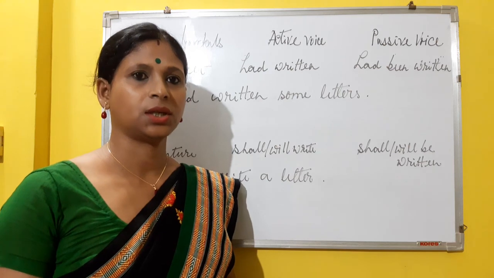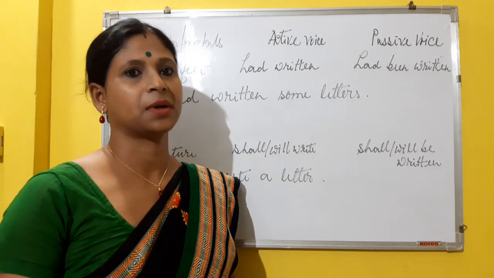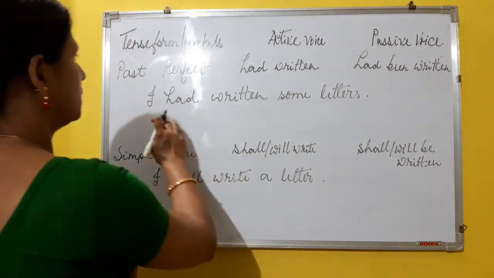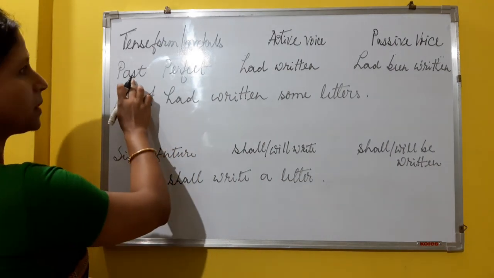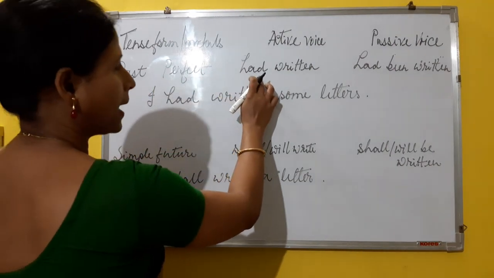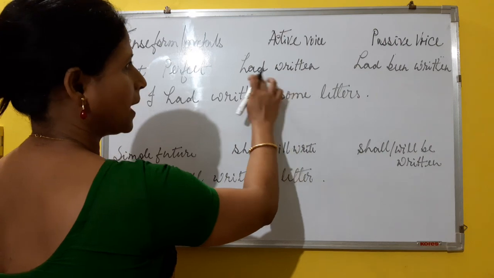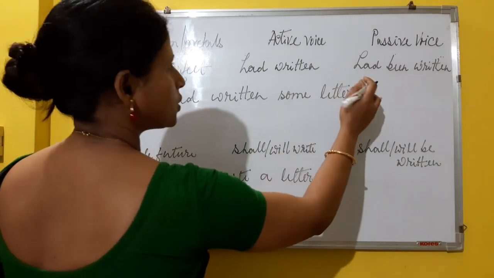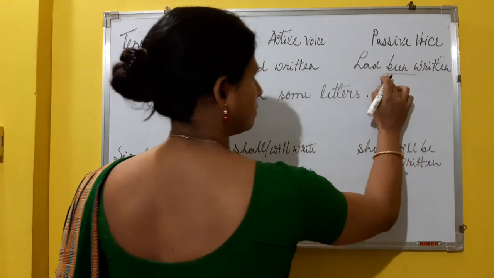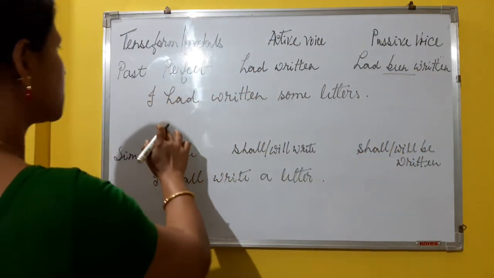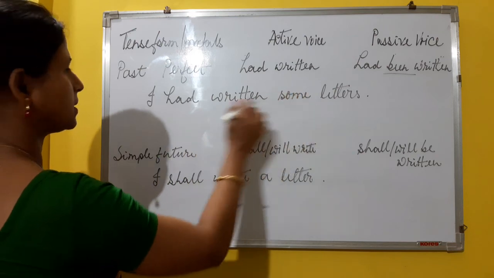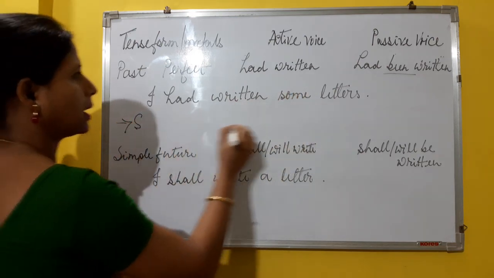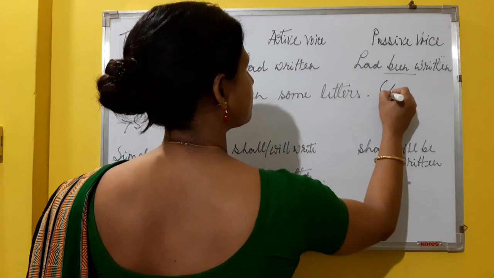Next we'll be changing voice for past perfect tense. Say past perfect, we'll always get had and the third form of the verb, had written. We'll be getting this form only, and it will be changed to had been written. So this is the sentence, I had written some letters.